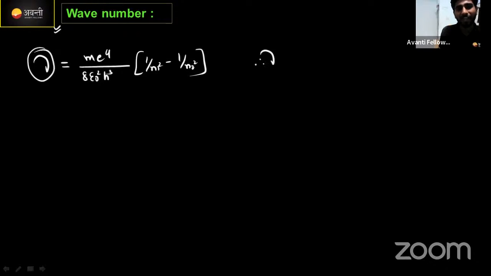Frequency we can write as c by lambda. We know that in the dual nature of matter I told you frequency is inversely proportional to lambda, but when you equate this, you put one constant, the speed of light. Now you substitute this value in this equation.